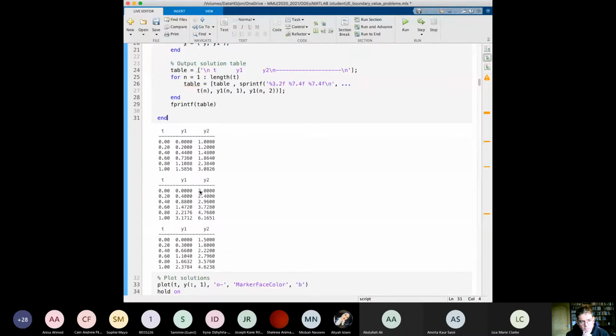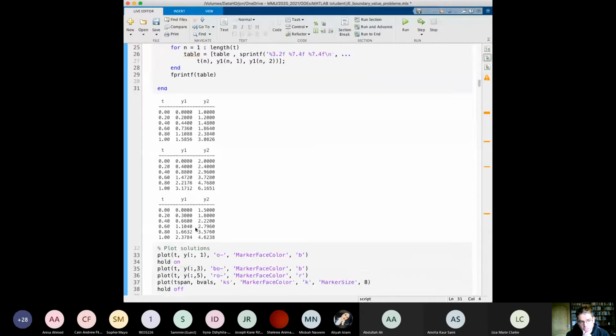So the next guess value, I increased it from 1 to 2. So the first row of the second table, y2 is 2, and if we look at the upper bound solution in the y1 column for the second table, we have 3.1712. So that's overshot the target, which was 2.